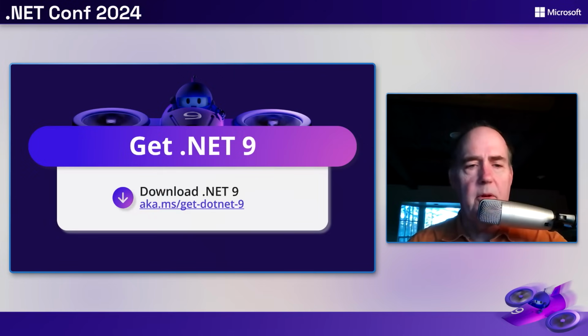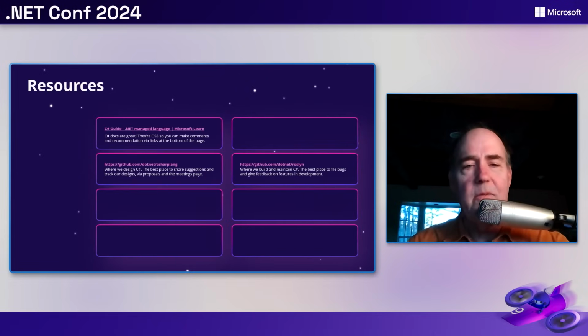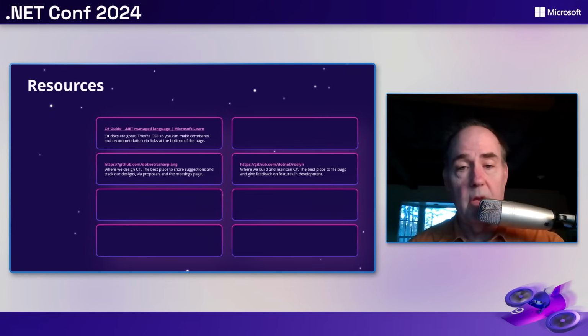So, as you've probably heard several times today, if you don't have .NET 9, go ahead and get it. And places that are resources to get, the C# guide is where we have all of our docs for C#, including what's new for a few versions back, including C# 13. GitHub.com/dotnet/csharplang is where C# design happens.